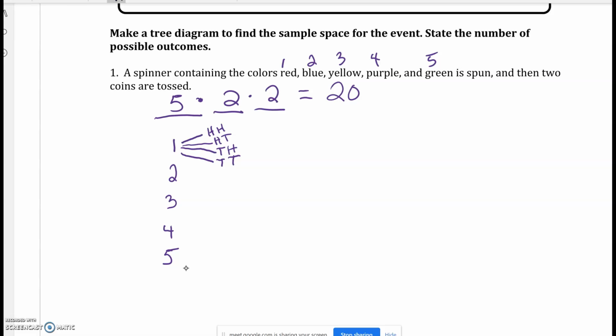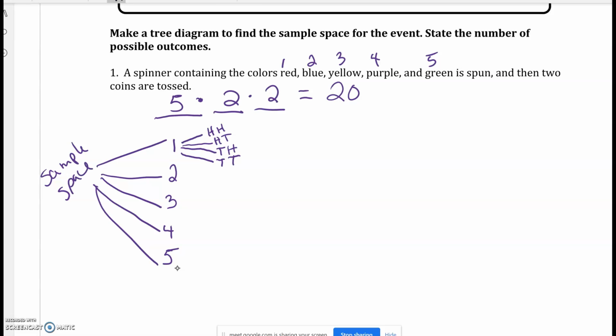And so then our tree basically is, no, it's not probability. We're doing sample space. And then basically it's just this. These 4 things with these 4 possible outcomes with each of the other 4 colors.